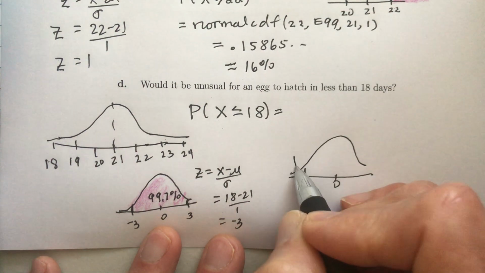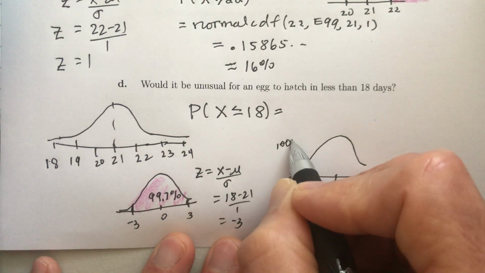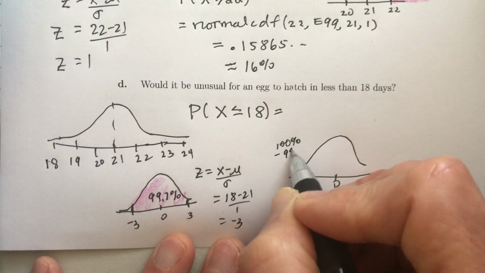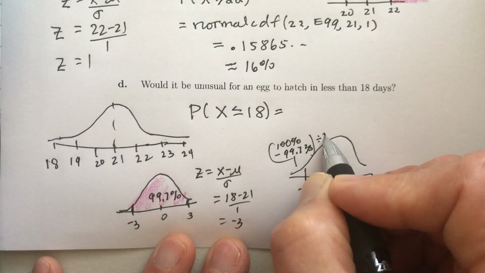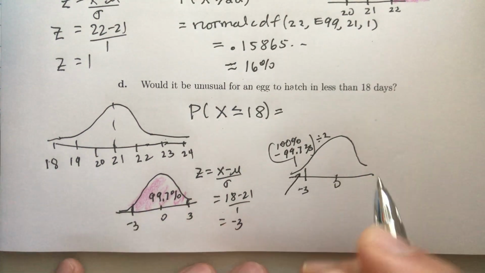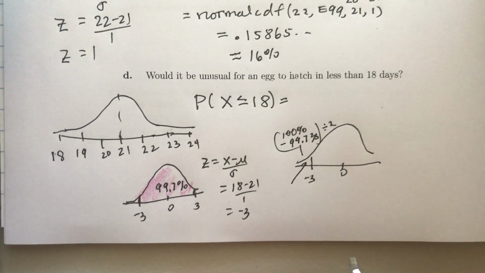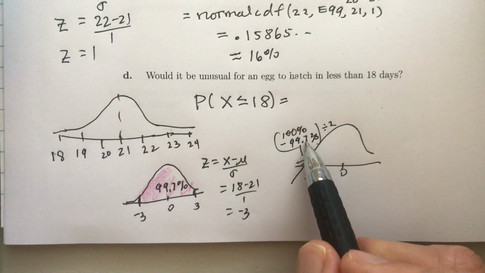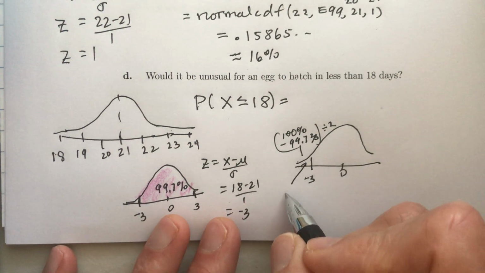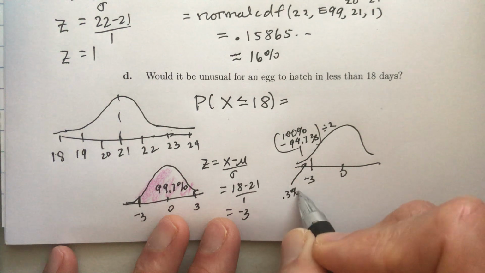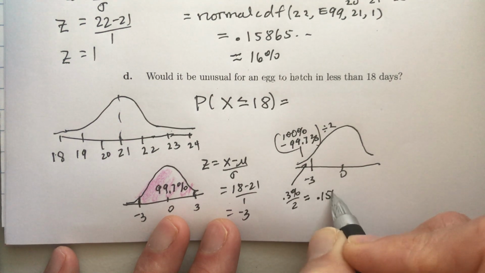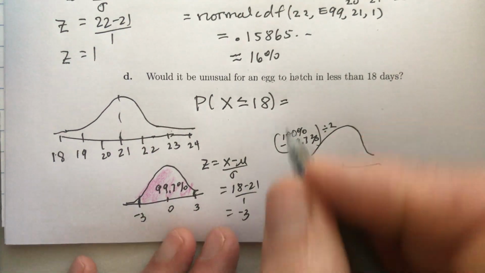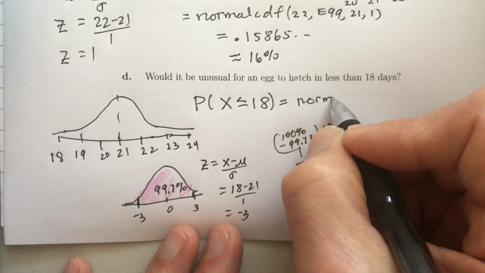This is going to be 100% minus 99.7%, the whole thing divided by 2. So it's small. It's going to be 0.3% divided by 2, so that's going to be 0.15%.